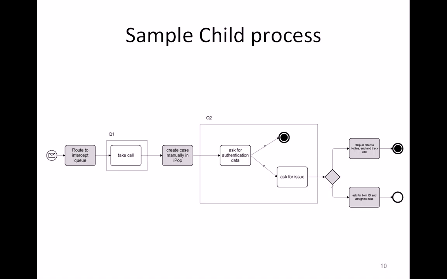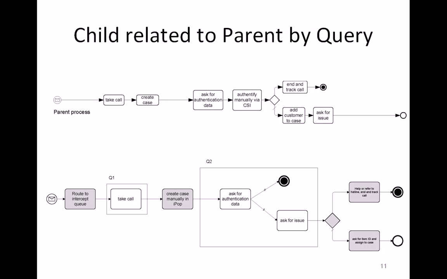Here we have a sample child process, and in this sample child process we have defined two parts of the process as views using query 1 and query 2, while the rest of the partial process model uses concrete elements.